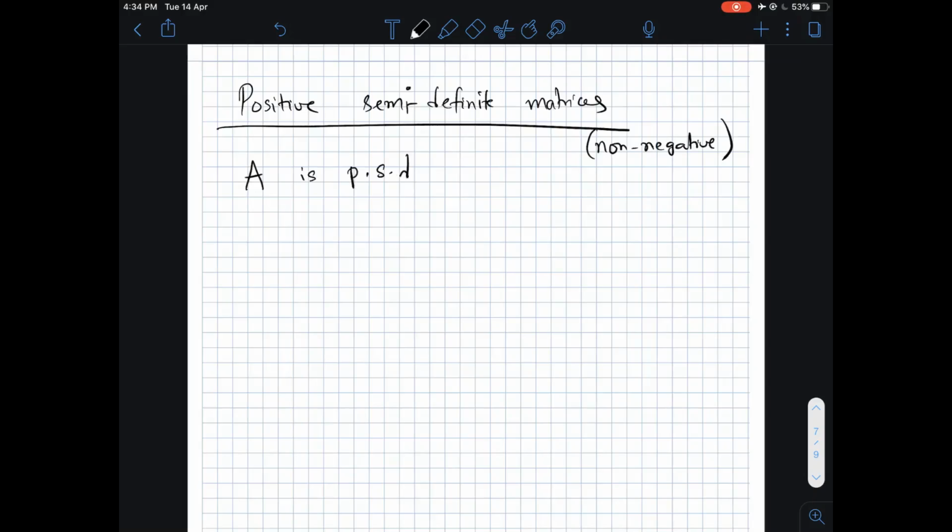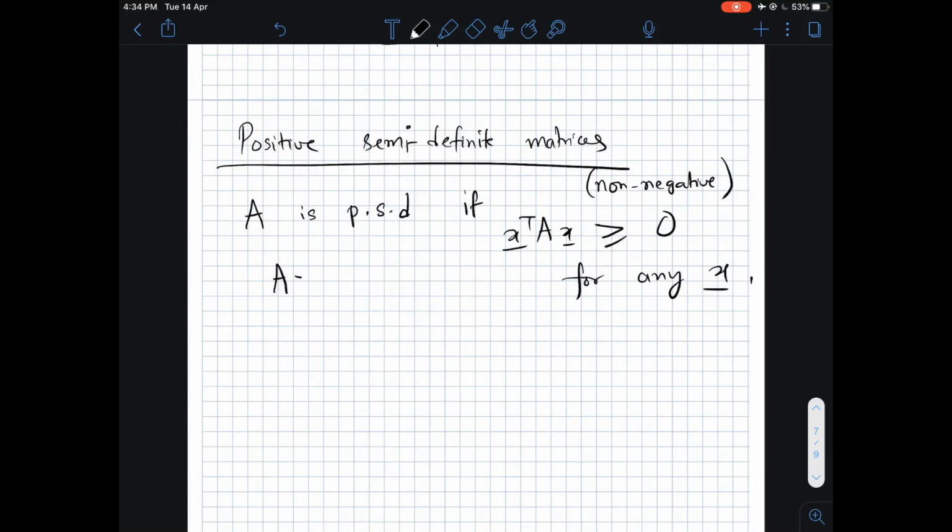So in particular here we say that A is positive semi-definite, and we'll use the shorthand PSD for now, if the quadratic form x transpose Ax is greater than or equal to 0 for any x. We don't have to write x not equal to 0 now because that's included here anyway. It's positive semi-definite if x transpose Ax is always greater than or equal to 0, no matter what x is. We use the notation A greater than or equal to 0 to mean A is PSD.